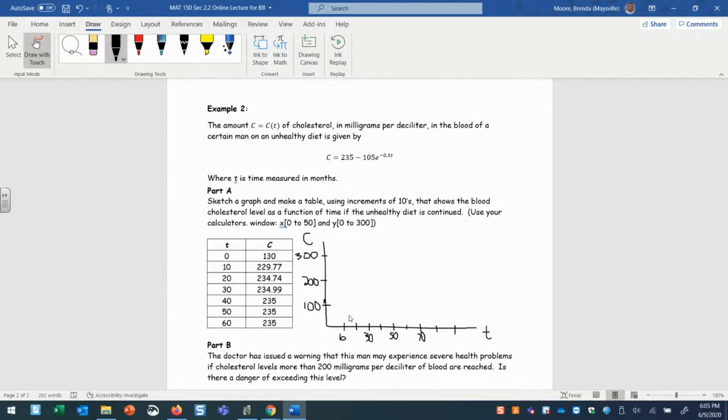At 10, about 230. At 40, 235. And then it stays at 235. So let me draw my graph in. This is a sketch.